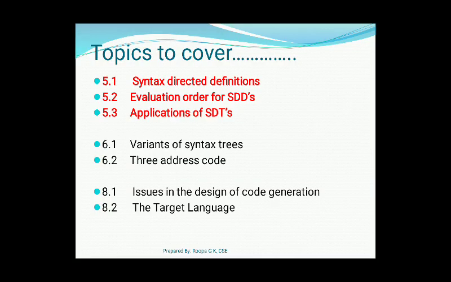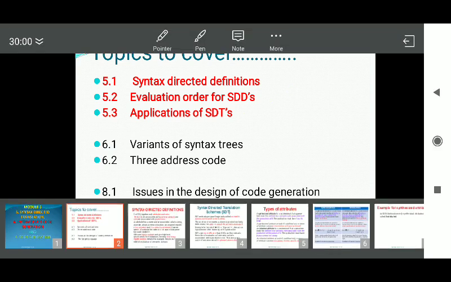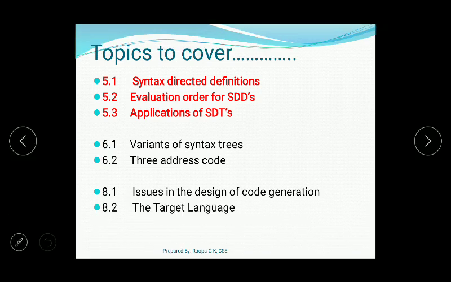This covers syntax directed definition, evaluation order for SDD, application of SDD, variants of syntax trees, three address code, issues in the design of code generation and the target language. Here, this is the chapter Syntax Directed Definition, which is helpful to study the implementation details of the compiler.